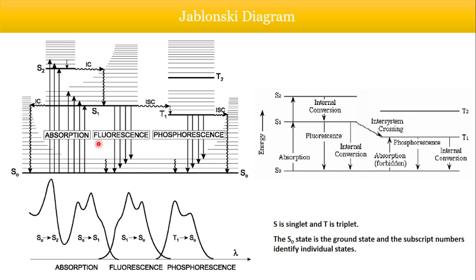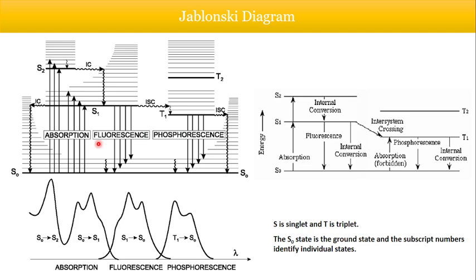This can happen. Then by intersystem crossing, the electron moves from a singlet to a triplet state, after which when the energy is radiated, we call that phosphorescence.